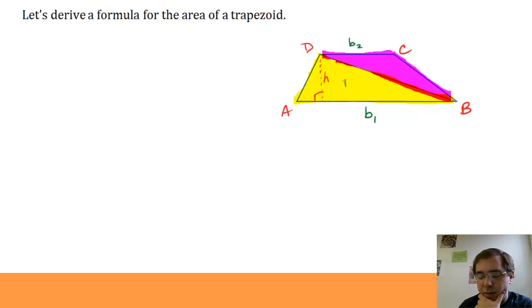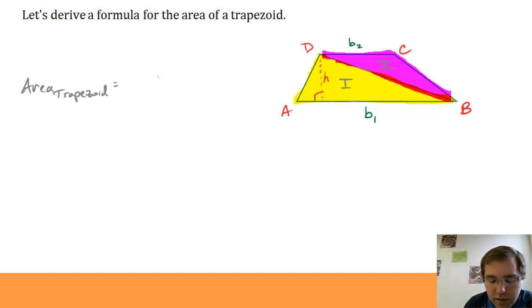So let's call this yellow one area 1, and call the pink one area 2 in Roman numerals. The area of the trapezoid is going to be equal to area 1 plus area 2. So the yellow plus the pink.